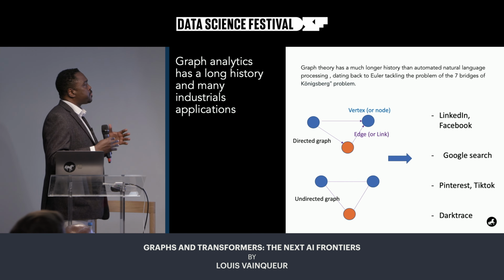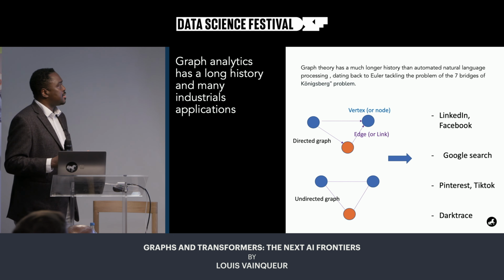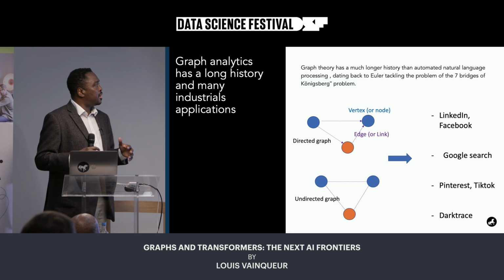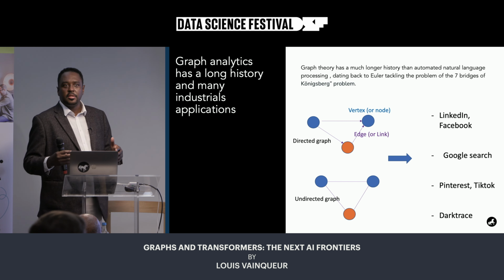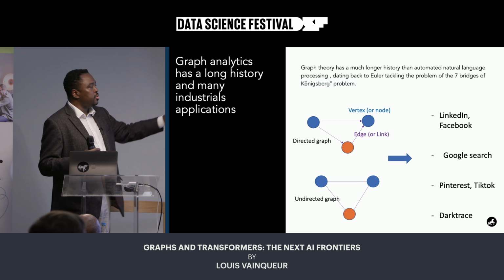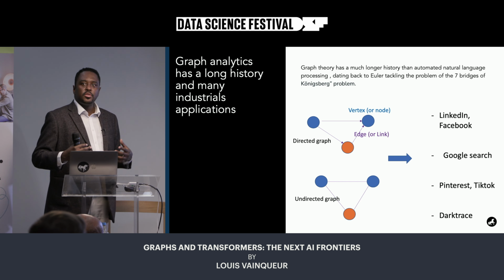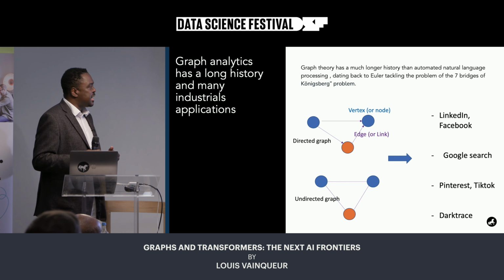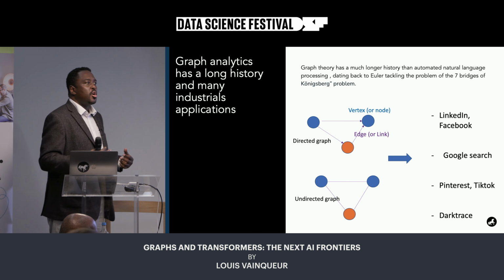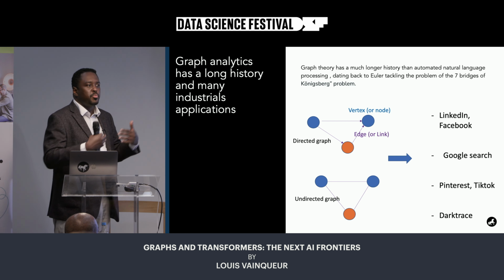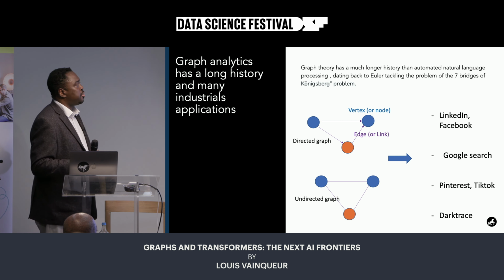And the way it works generally is that you model a graph as a set of vertices. So a vertex is a node, and edges, and they create a structure. That structure can be either observed, or you can decide what type of structure you want to give to your data and project your own vision of the structure on it.